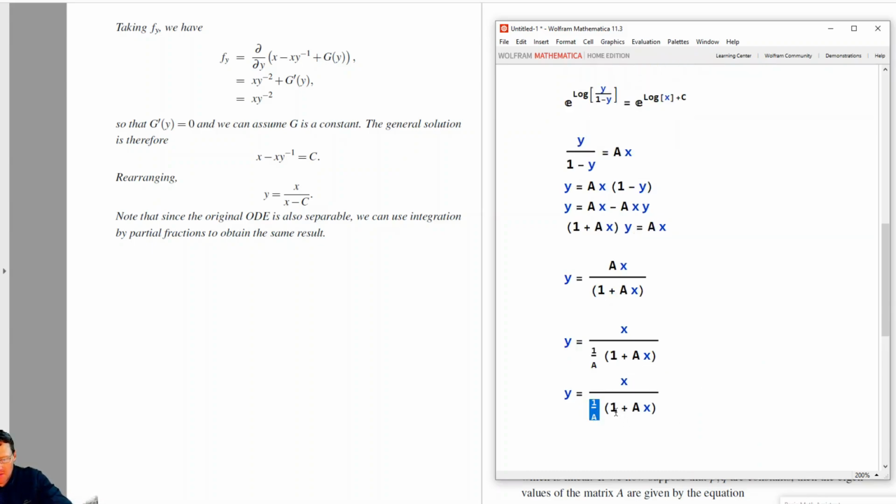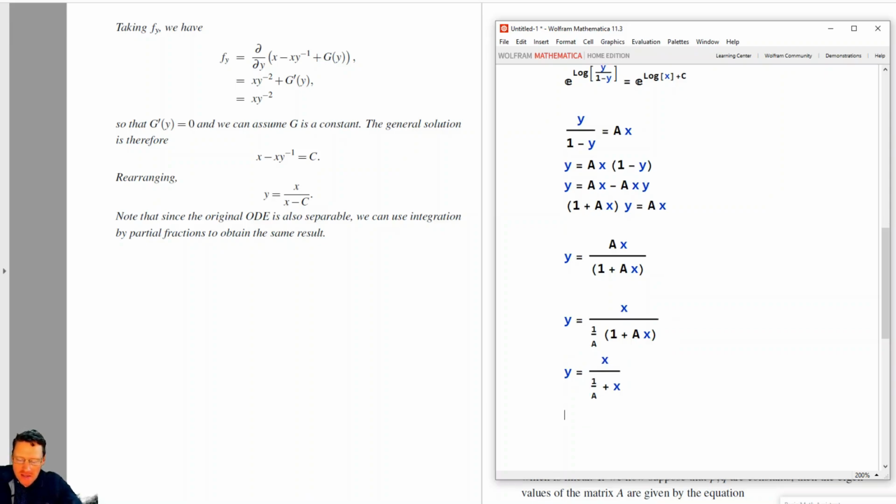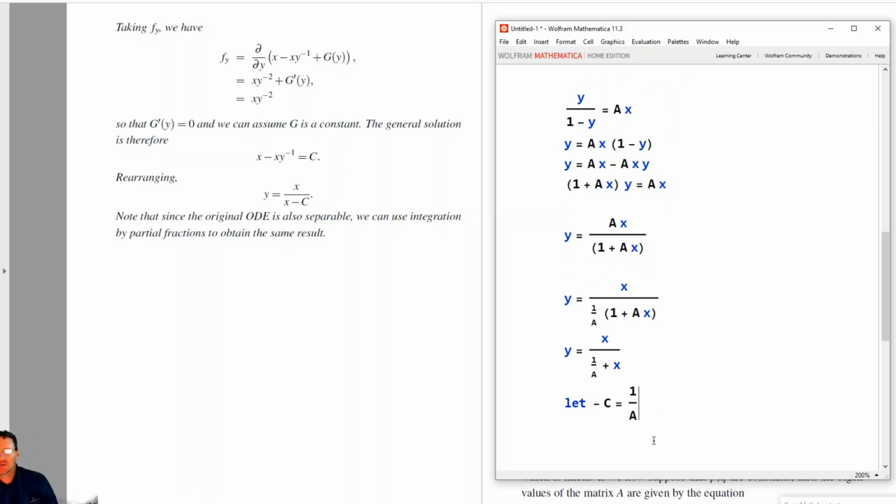So expanding that denominator, that vanishes this. So far we've got this, and now we say let 1 on a be equal to minus c. And then we've got the same result using a different technique.